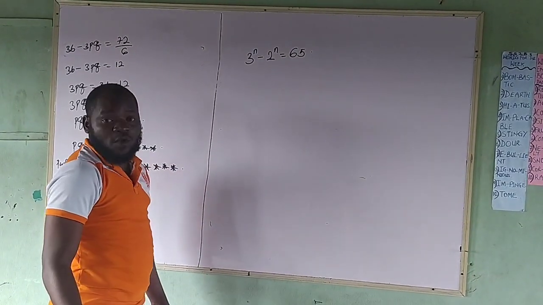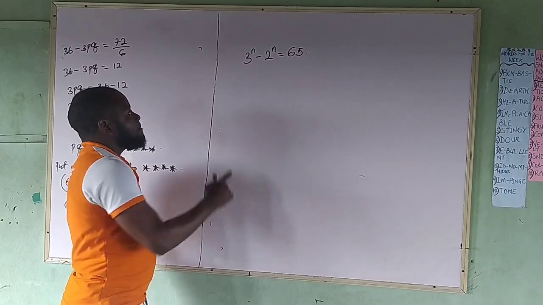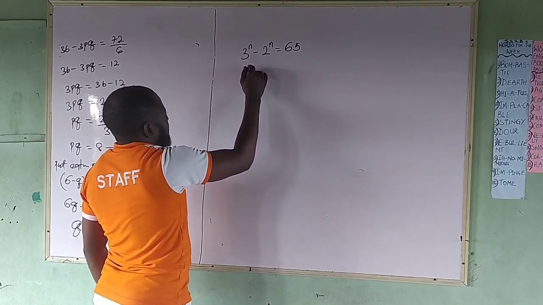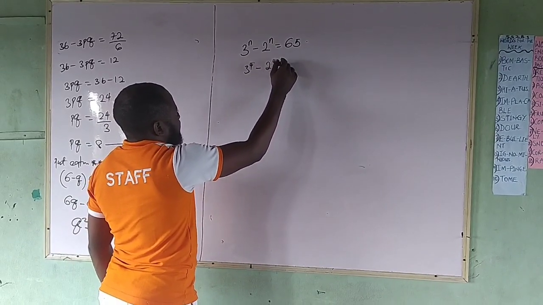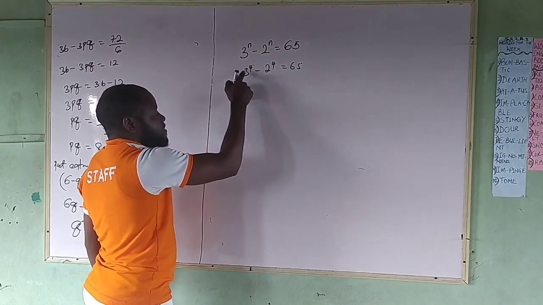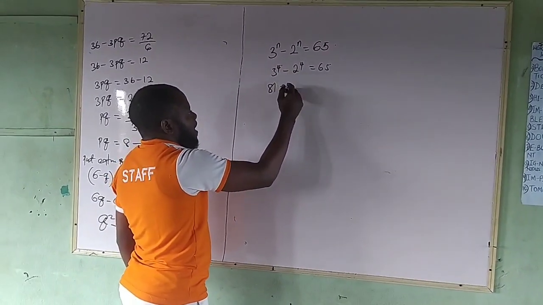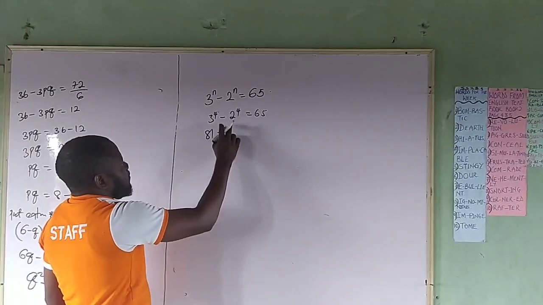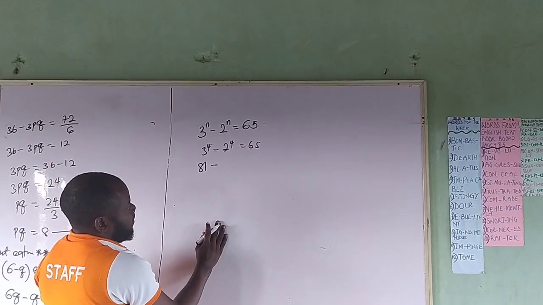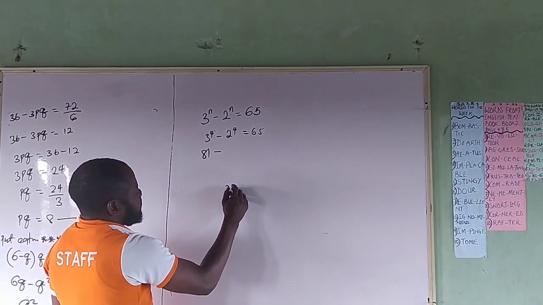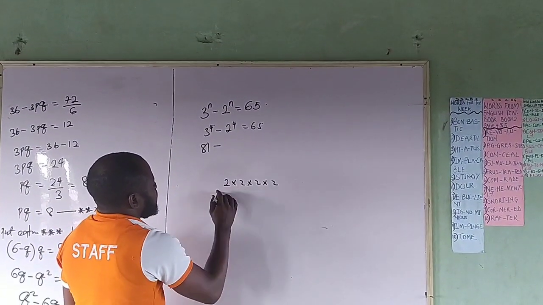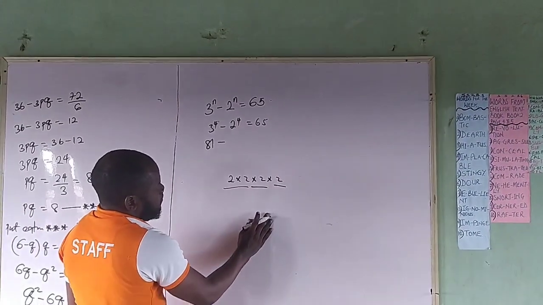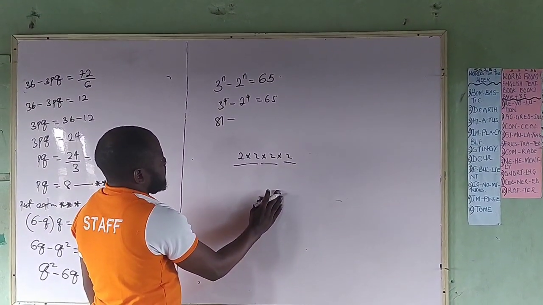Very easy to guess, right? n should be 4, because 3 to the power of 4 minus 2 to the power of 4 should give us 65, because this is 81 minus 60, no. 2 raised to the power 4 should give us 32, right? That's 2 times 2 times 2 times 2. 2 times 2, 4, 4 times 2, 8, 8 times 2, what's happening?